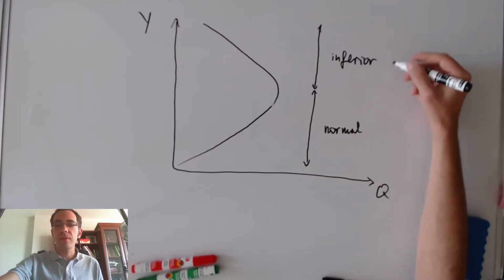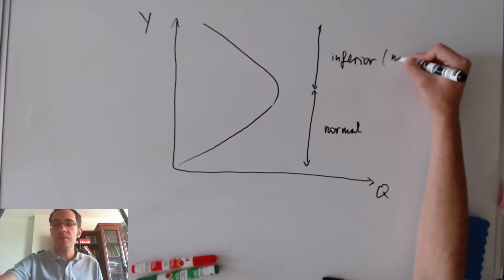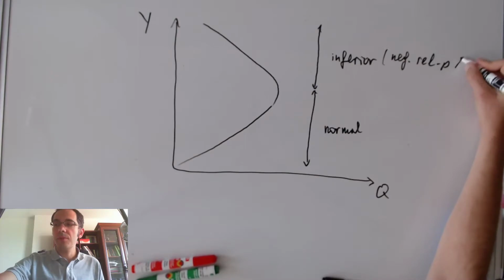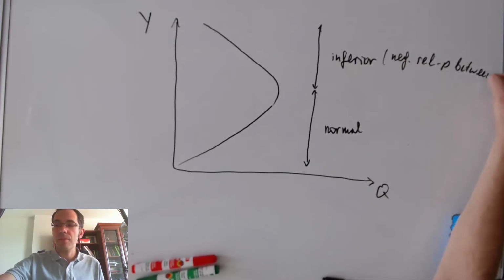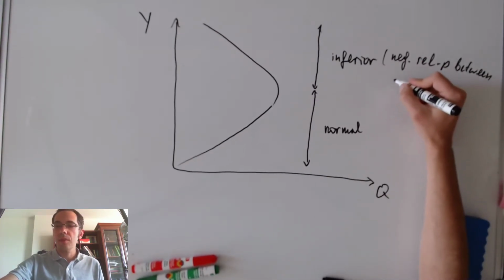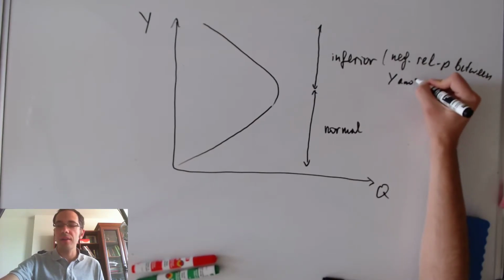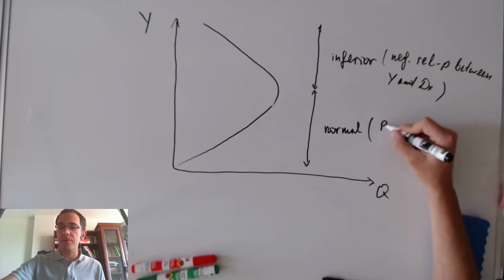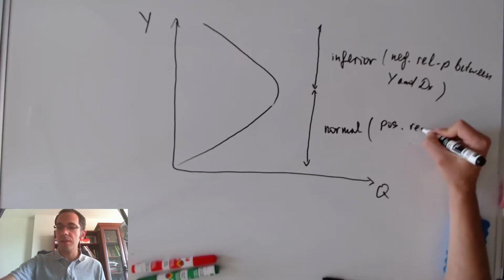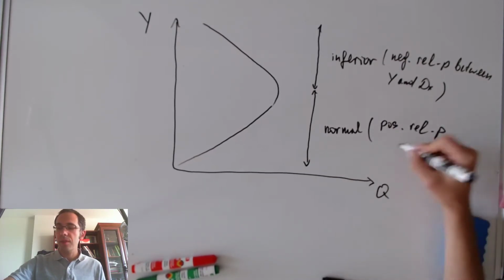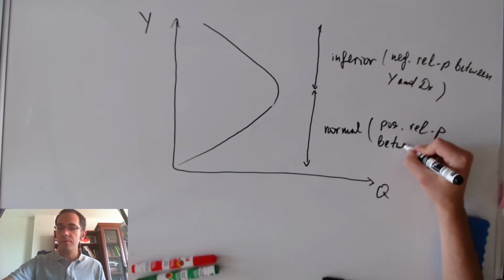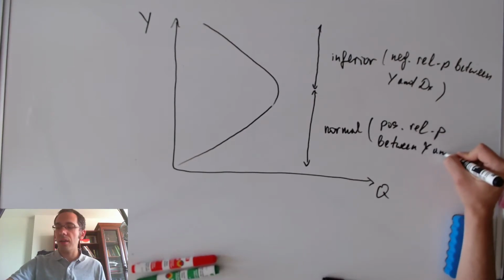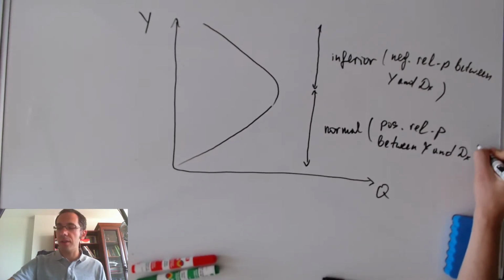We have a negative relationship between Y and D of X, and over here we have a positive relationship between Y and D of X.